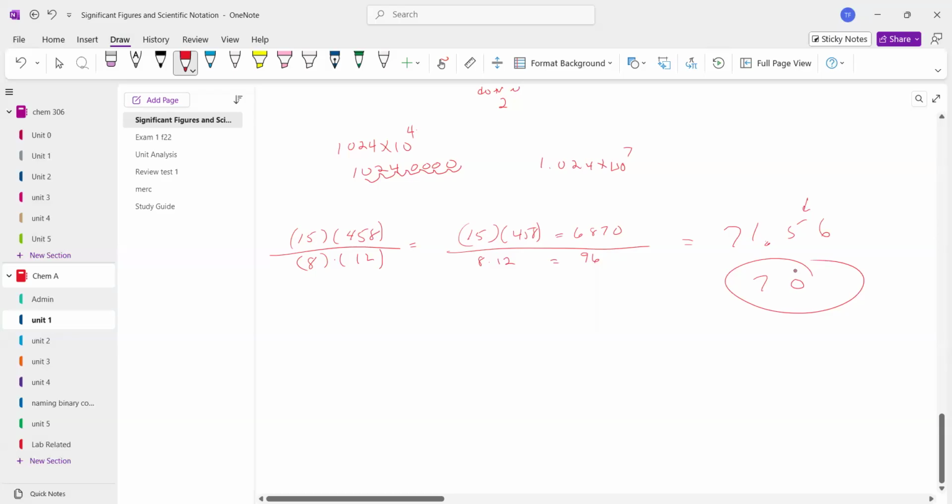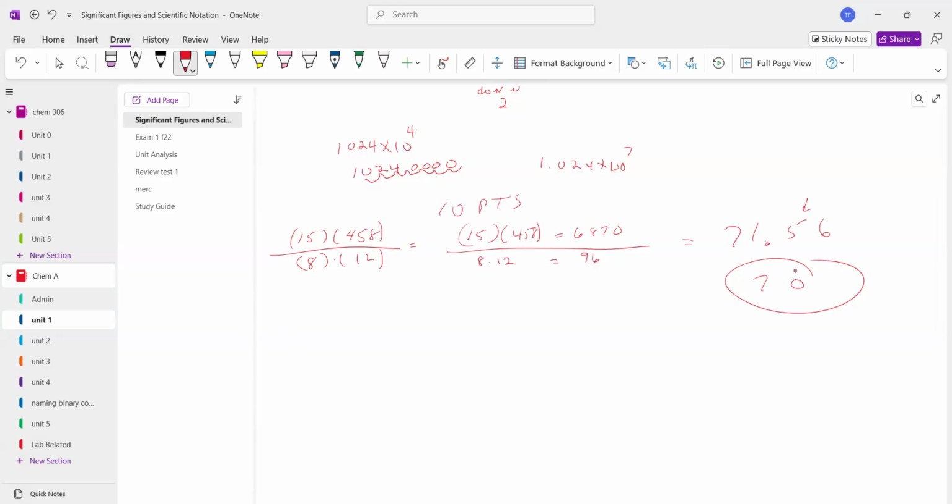This isn't really a problem, but let's say it was worth 10 points and you put down 72 like I did. What I would do is take off 1 point for not interpreting your sig figs. Okay, I wouldn't take off 10.